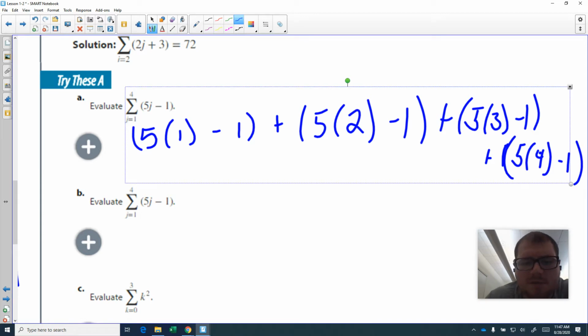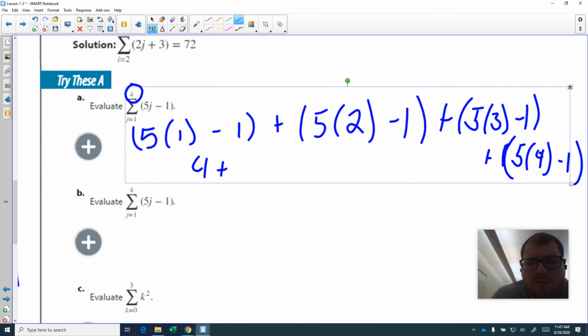Okay? So see, I'm just building up each time, all right? I started with a 1 for j in the first portion until I counted up until I got the 4, which is our ending value. From there, all I have to do is just solve this out. Well, if I do this quickly, 5 times 1 minus 1 is just going to come out to be 4.